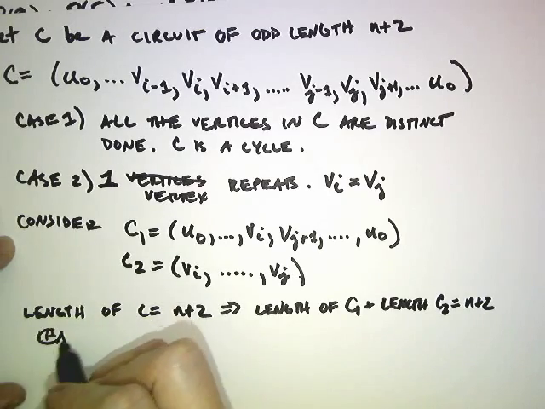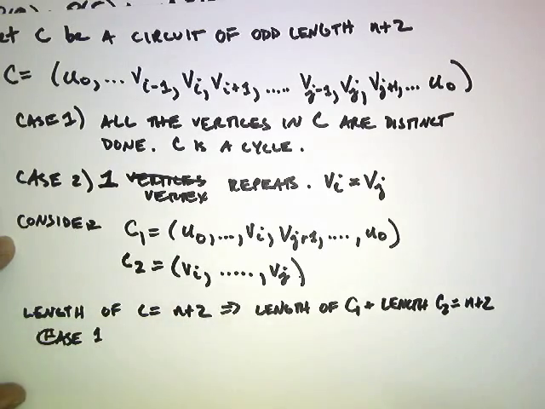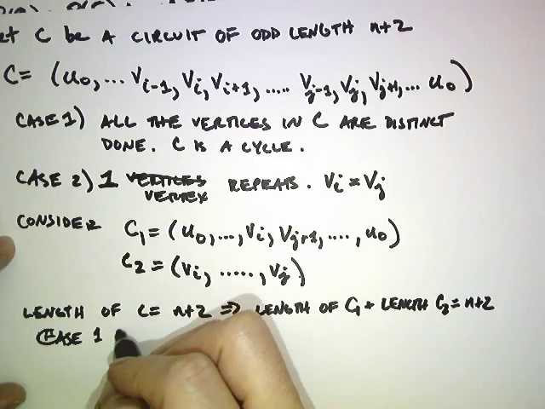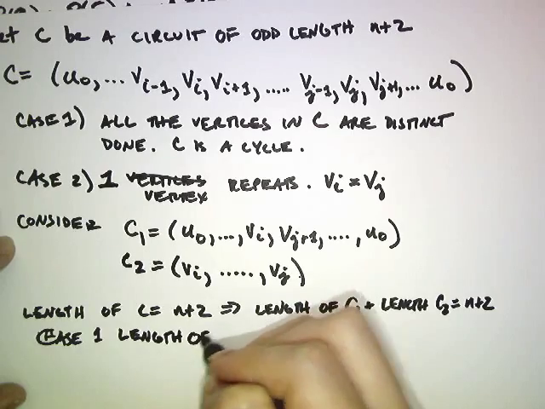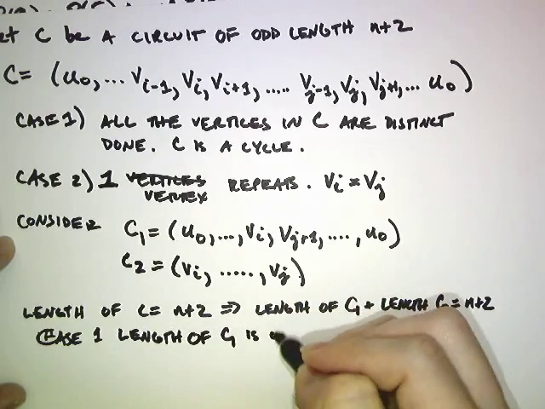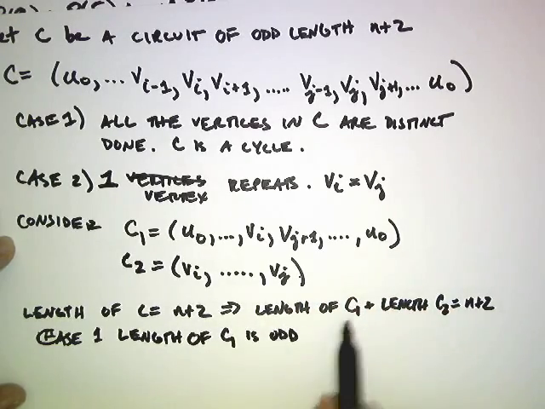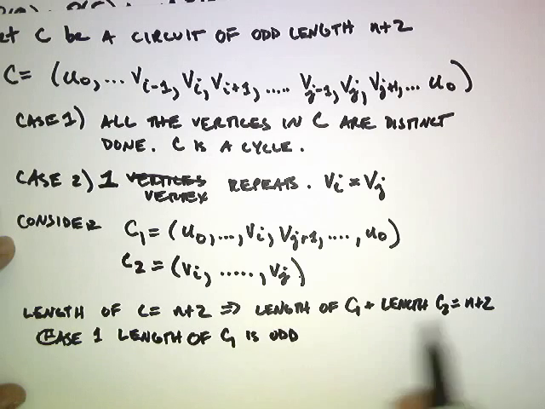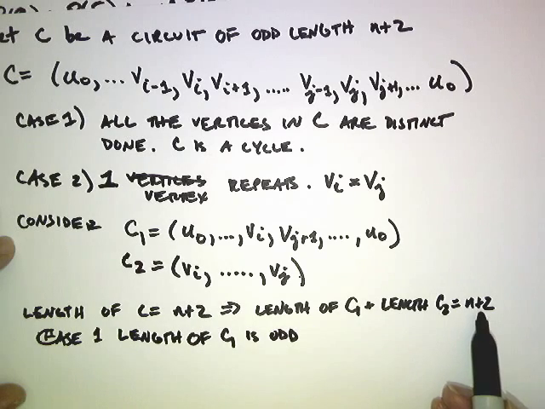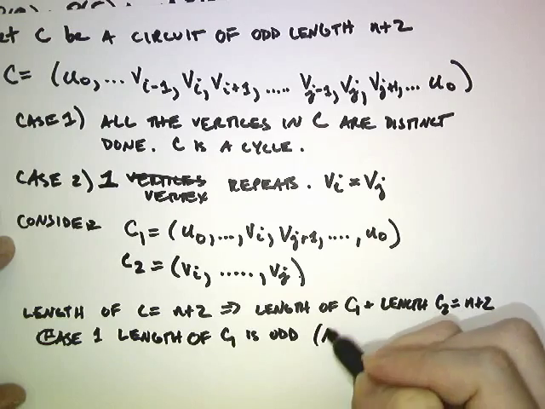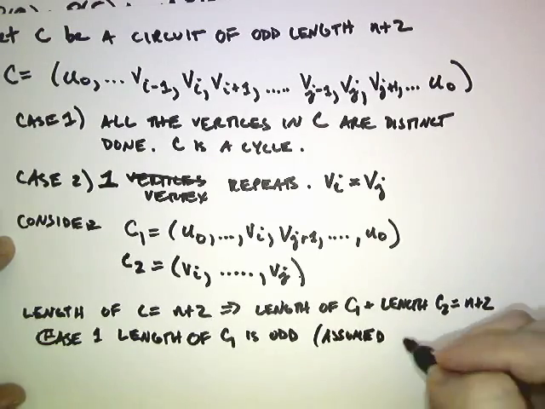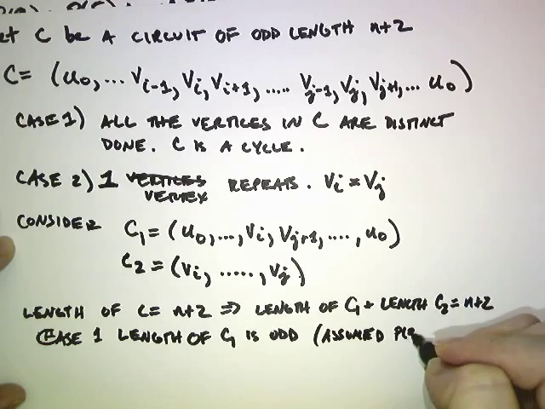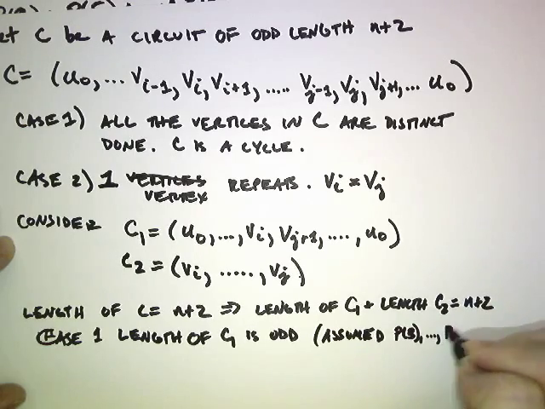I guess case 1, the length of C1 is odd. Well, if the length of C1 is odd, it must be less than n plus 2. But remember, this is a proof by strong induction, we assumed P of 3 all the way up through P of n are true.